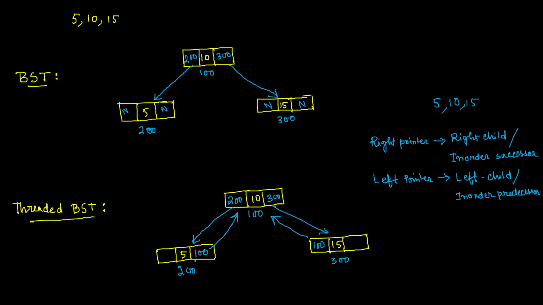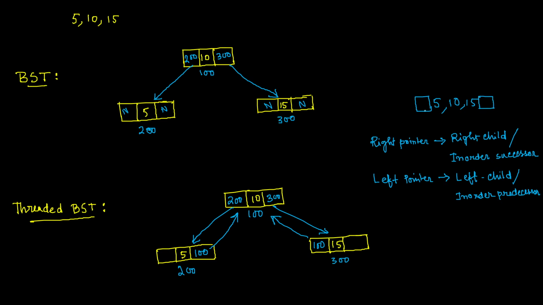Now naturally the question will come, what about these two parts? Always remember, as I just told you, that 5 doesn't have any in-order predecessor and 15 doesn't have any in-order successor.